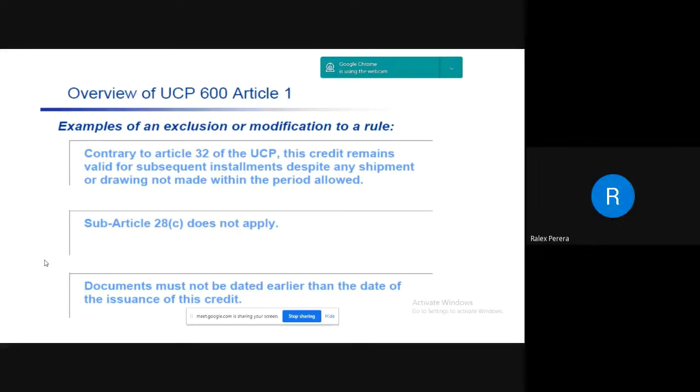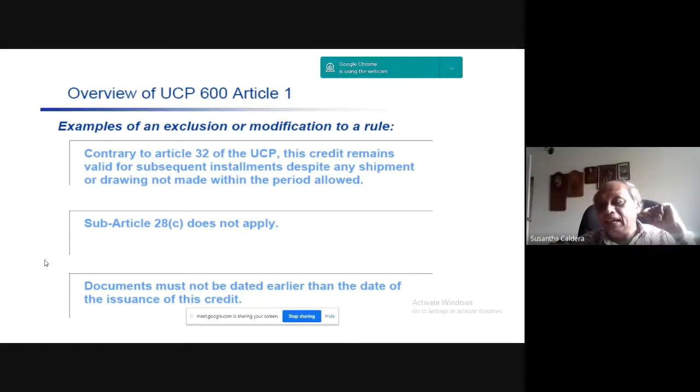And the bank has given an irrevocable undertaking to pay. And if something happened, the bank will not get a cent, but the bank has to pay.